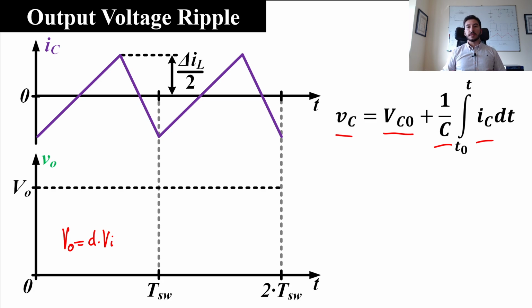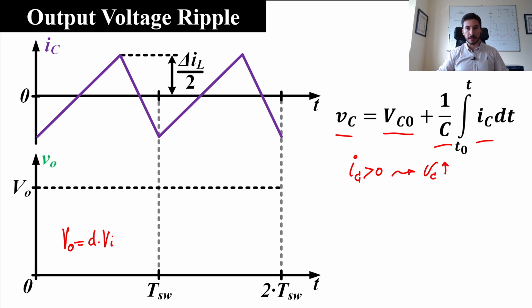Well, if we analyze this expression, we can conclude two things. First of all, if the capacitor current is positive, the voltage across the capacitor rises. Basically, if you analyze the expression, if the capacitor current is positive, you are doing the integral of a positive quantity, and as a result, the value of the voltage across the capacitor rises.